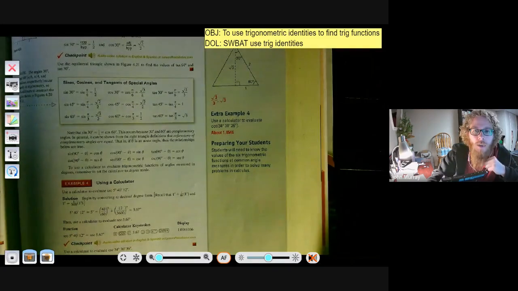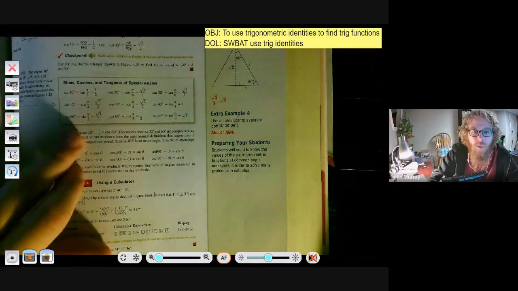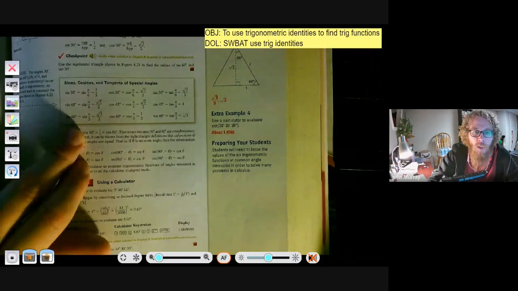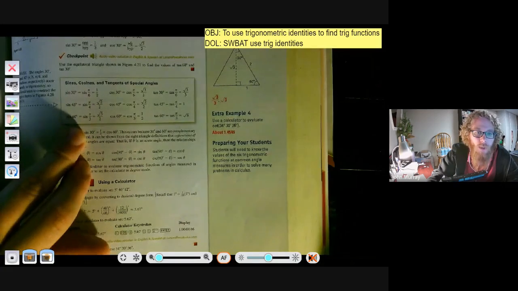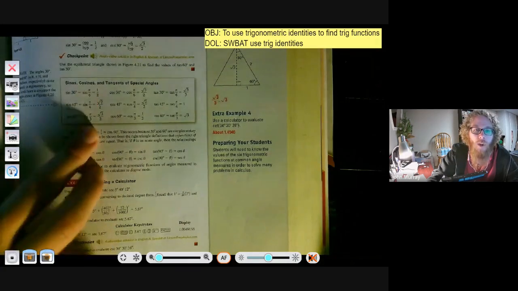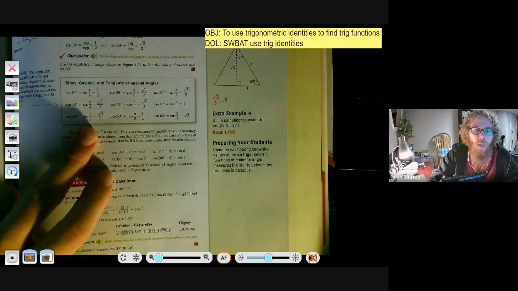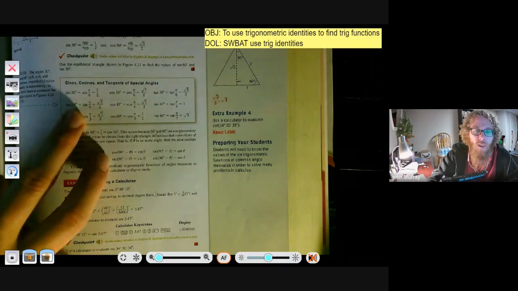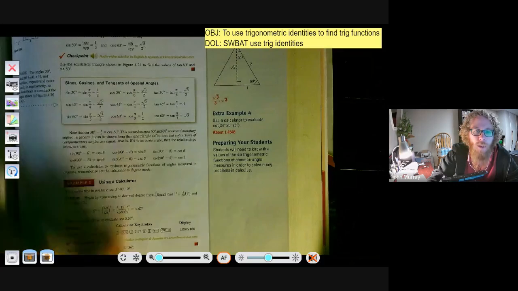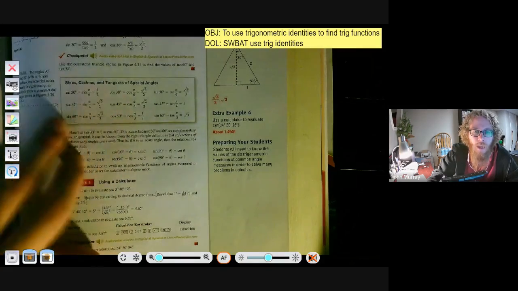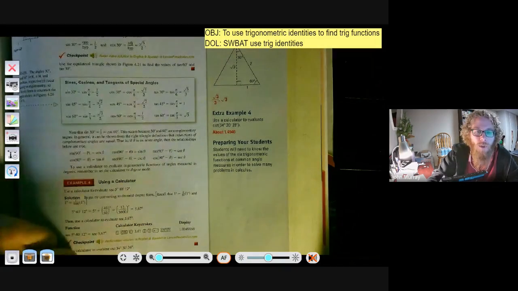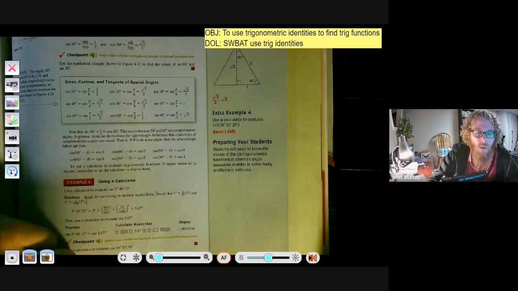These are 30, 45, and 60 degrees, our three most common angles, and their respective radians: 30 is pi over 6, 45 is pi over 4, 60 is pi over 3, and the sine, cosine, and tangent of all those. You can use this as a reference for those special triangles.